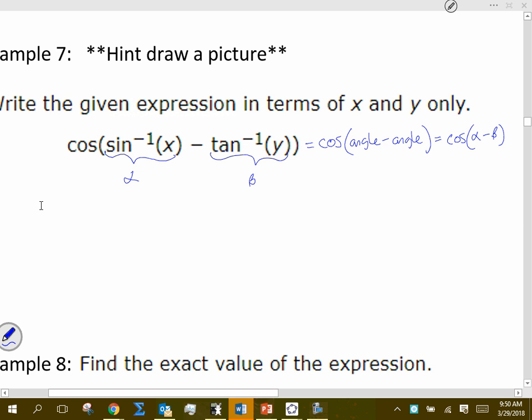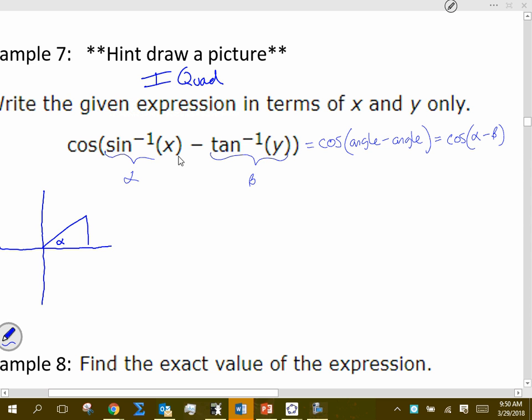So this is what we're going to do. I'm going to draw a picture. And now, like I said, I'm going to assume that everything is in the first quadrant here. So this here would be our alpha. That's the angle that they're describing information about here.